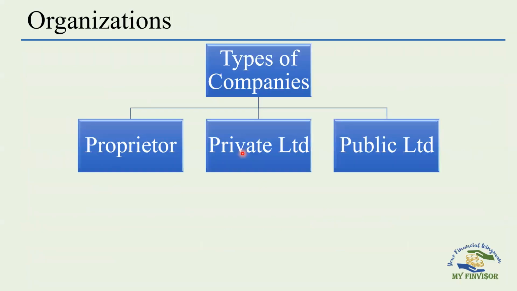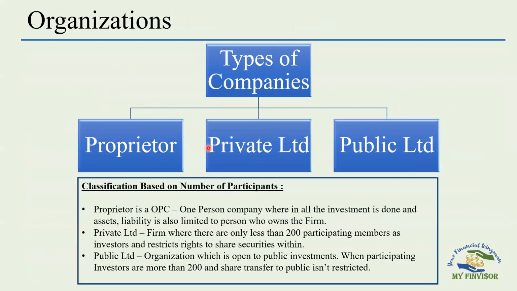So coming to companies, what types of companies are available? So just before getting into public limited company, I'll just explain what a proprietor is. Any company, okay, if the member of the company is a single person, it is a proprietor. Now, when the number of investors in the company is from 1 to 200, they are called private limited companies.